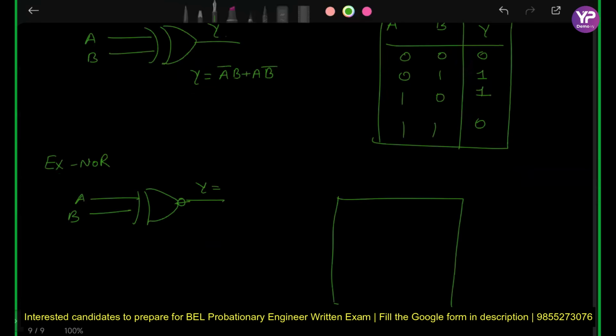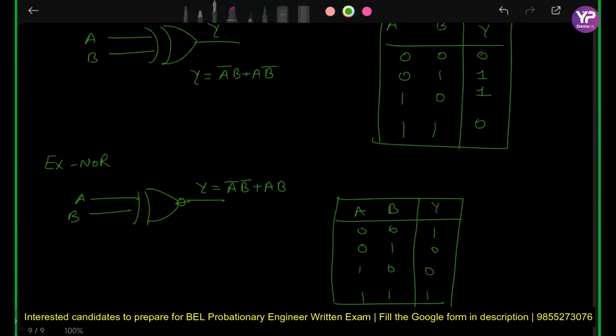Its output is going to be 1 when both the inputs are the same. The expression for the output is A bar B bar plus AB. So these are the set of all basic gates.